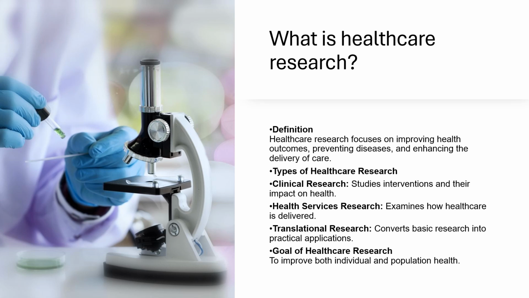Types of healthcare research: clinical research, health service research, translational research, and also applied research or clinical trials. Clinical research studies interventions and their impact on health; health service research examines how healthcare is delivered; and translational research converts basic research into practical applications.